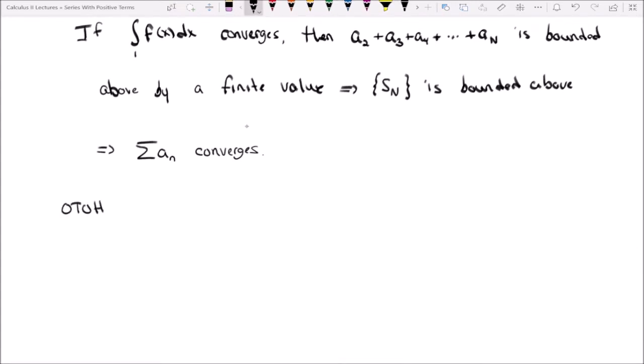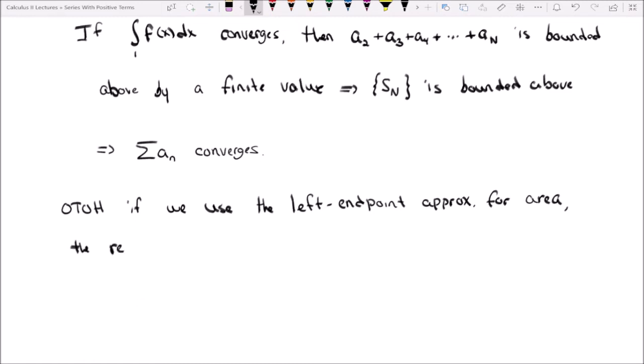On the other hand, if we use the left endpoint approximation for area, the rectangles all lie above the curve of f.